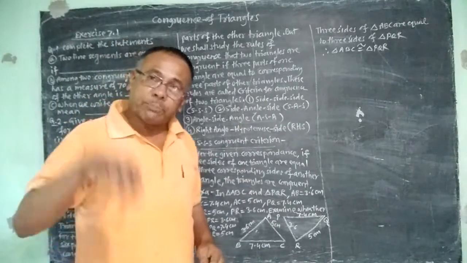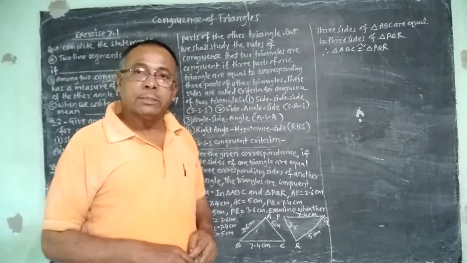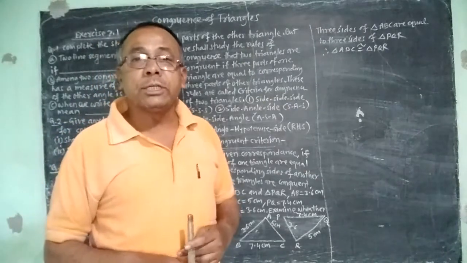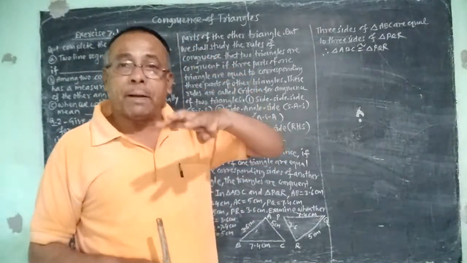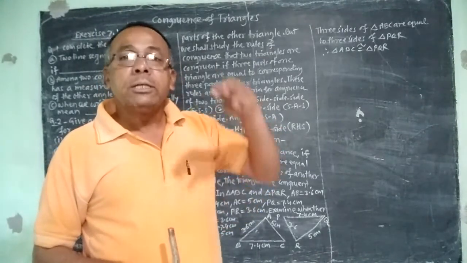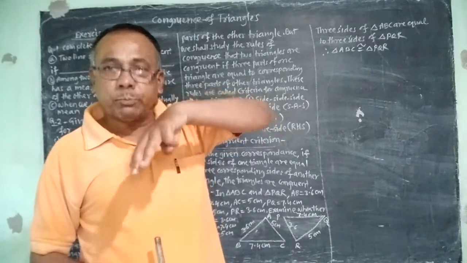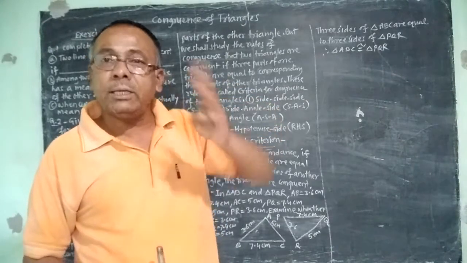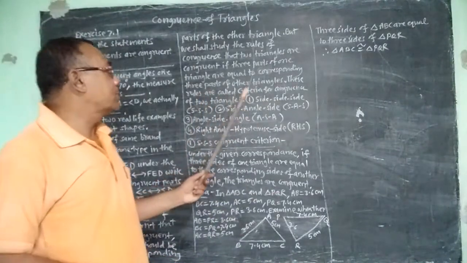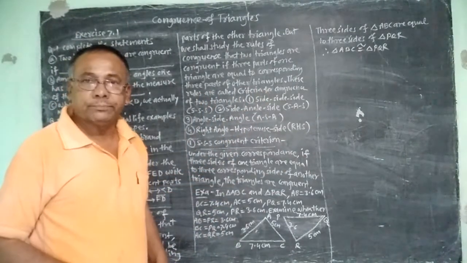Means instead of 6 parts, 3 angles and 3 sides, we have to consider only 3 specific parts of one triangle, which must be equal to the corresponding 3 parts of the other triangle. These rules are called criteria for congruence.